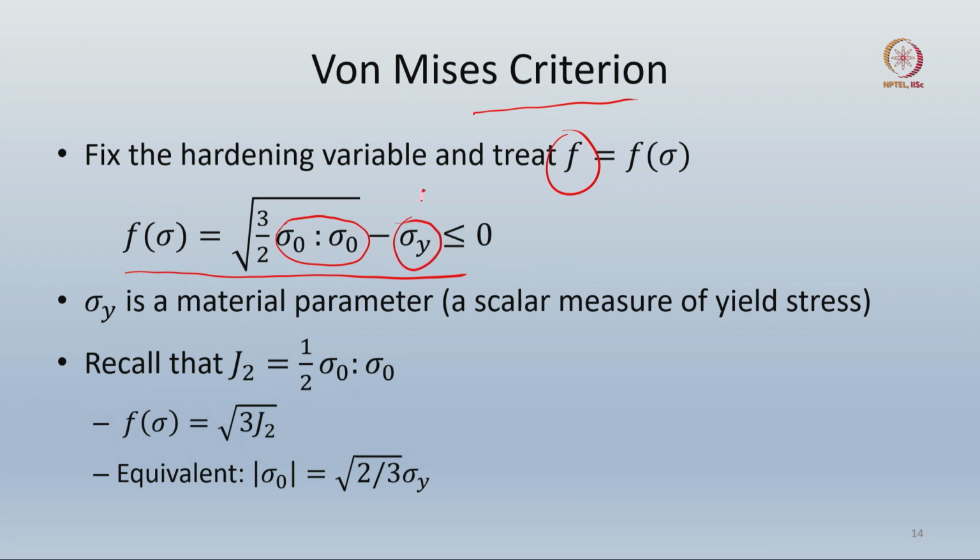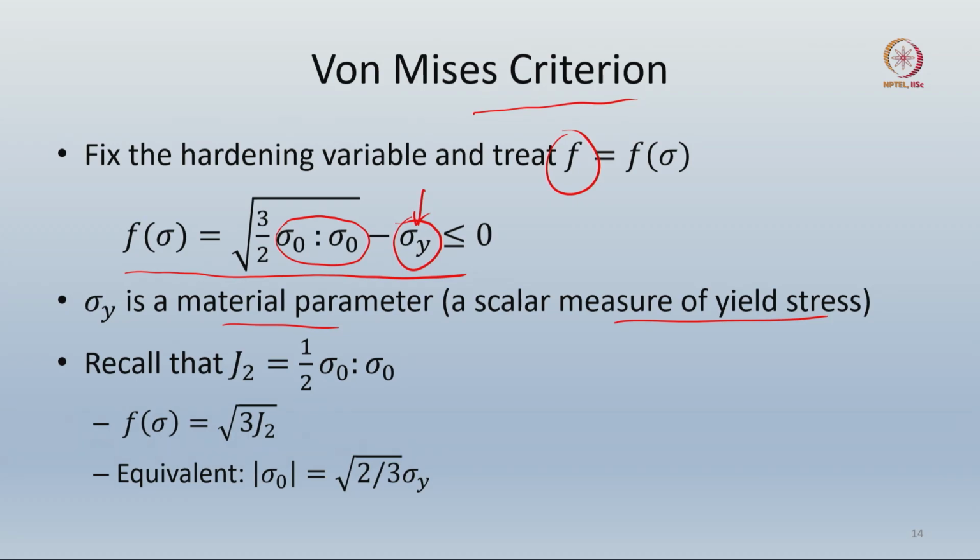You can look at sigma_y as the yield stress. It is a scalar yield stress, roughly where the first yielding occurs. So, F(sigma) has to be less than or equal to 0. Sigma_y is a material parameter, a scalar measure of the yield stress.